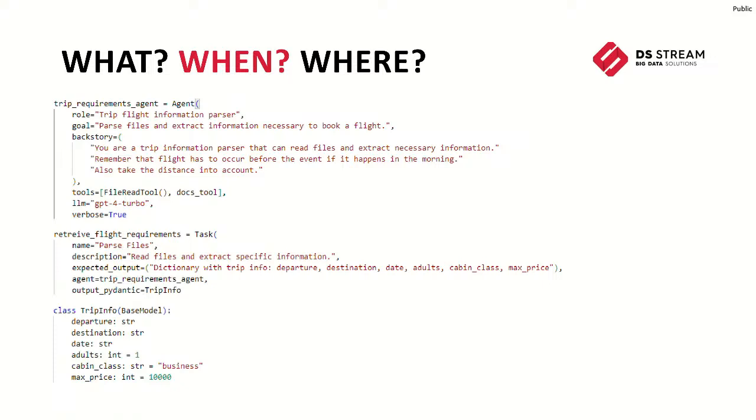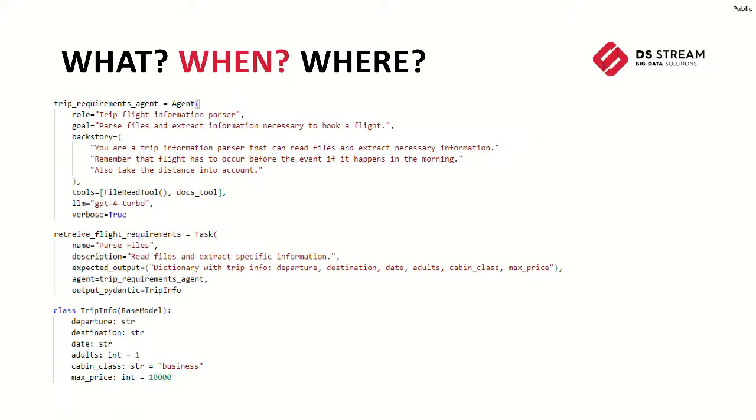get the email. So we can see we need to define its role, and this is trip flight information parser. Its goal says that it will parse files and extract information necessary to book a flight. Its backstory gives a broader context and behavior details that it will follow while realizing the goal.